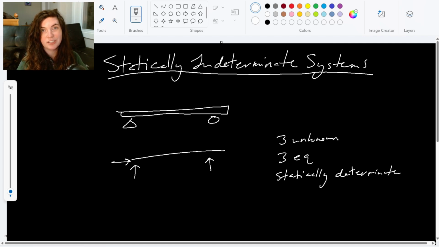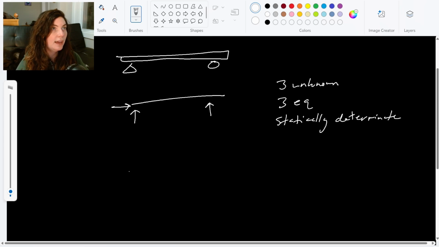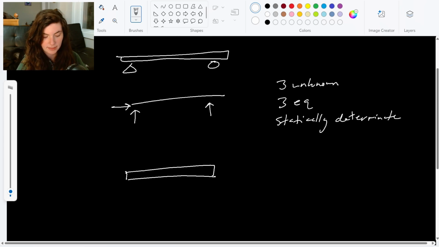But now that we know a little bit more in strength of materials, we're going to be able to solve things that are statically indeterminate. So things that we weren't able to solve in statics, we're now going to be able to start solving in strength of materials. So, for example, if we had a beam that's fixed on one end, and maybe it's got a roller here and a roller here. So it's sitting on two rollers, but it's fixed on this one end.